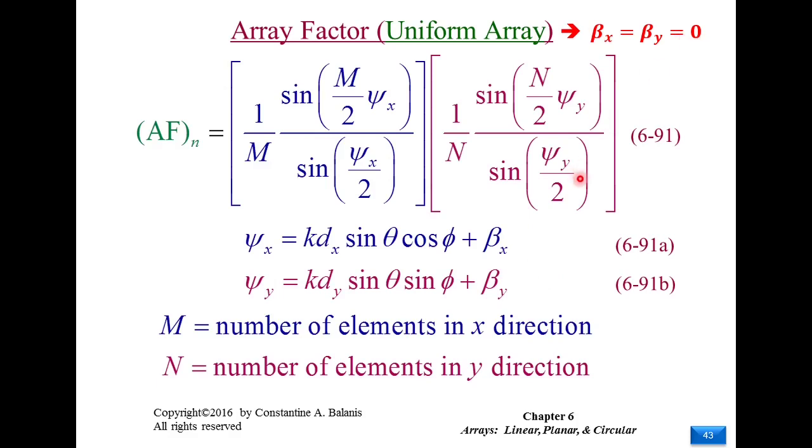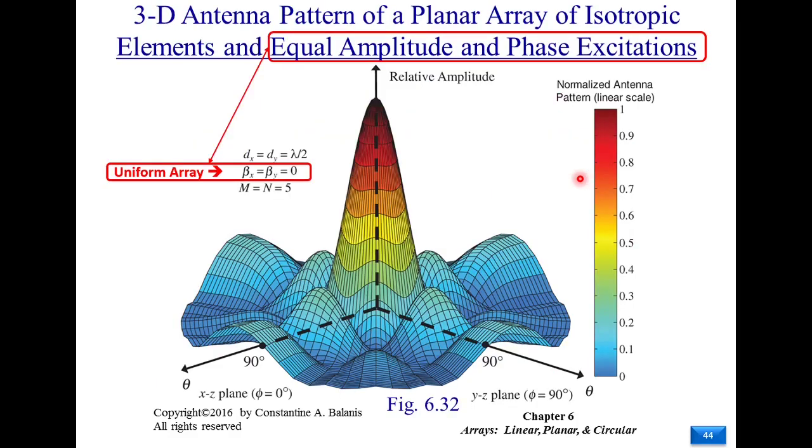Uniform means everything is fed with the same magnitude and same phase. They said uniform array, or equal amplitude and phase excitation, and if the number equals 5, so a 5 by 5 array, the separation is lambda by 2, we would have something like that. Just to have a feeling.